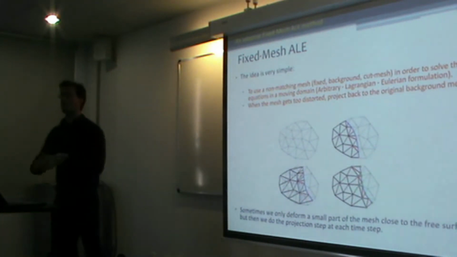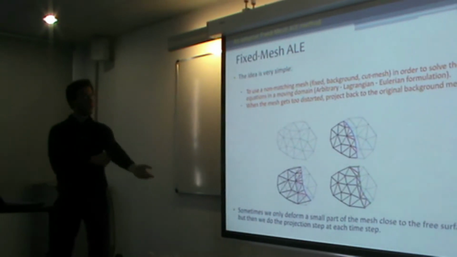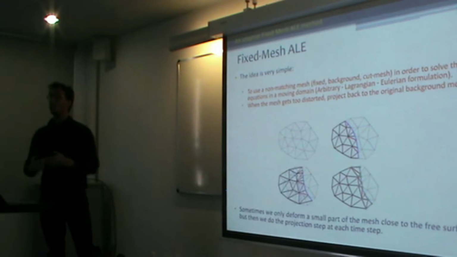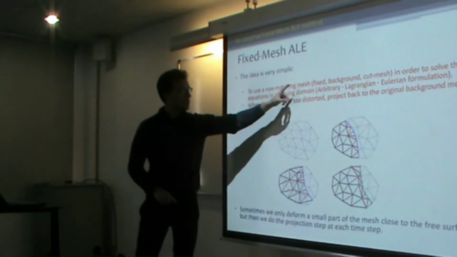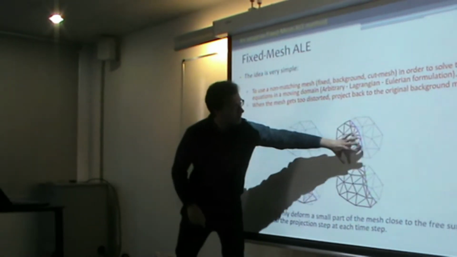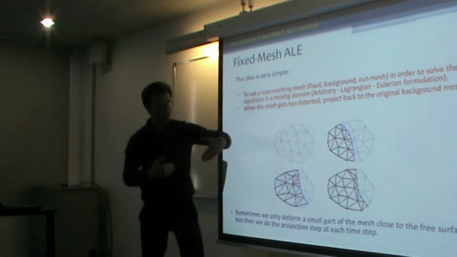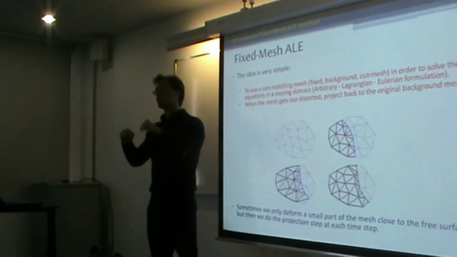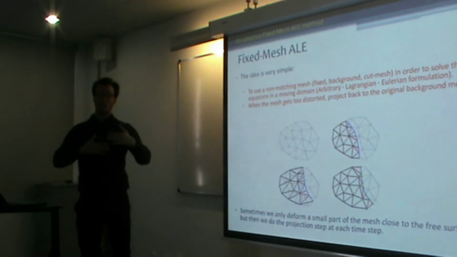So now we want to take into account the domain movement and how this surface evolves, and for this we are going to use an ALE formulation. So, since we want to use an ALE formulation, we are going to deform this domain here into this domain here as the free surface advances, but we also want to use an embedded method, so we do not want our mesh to get distorted.